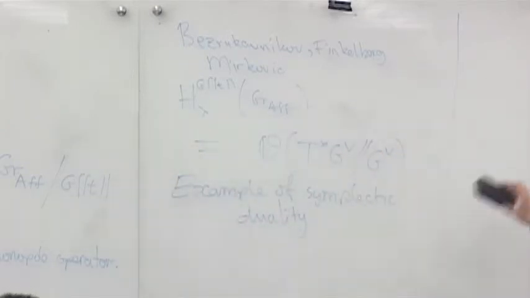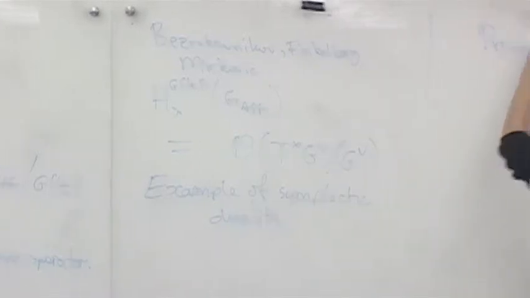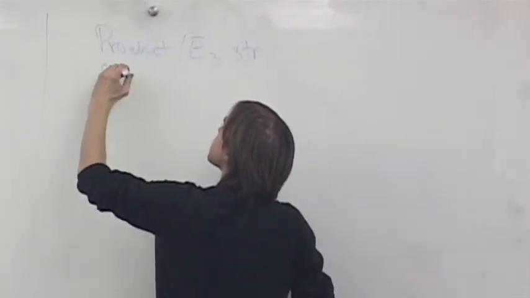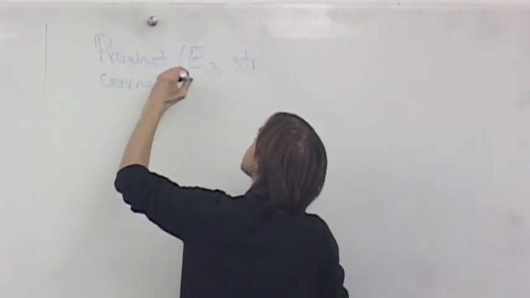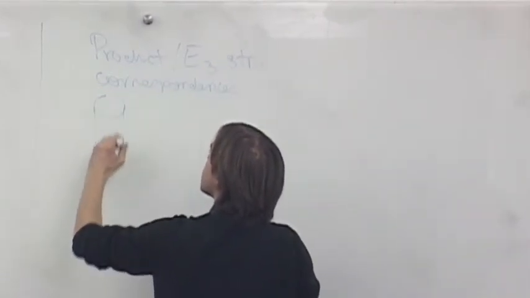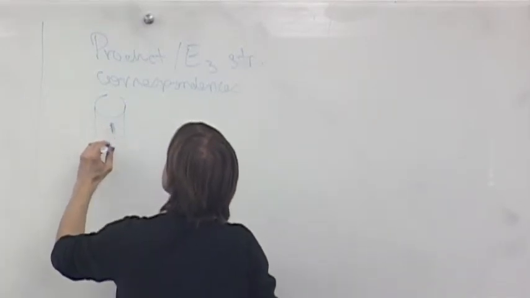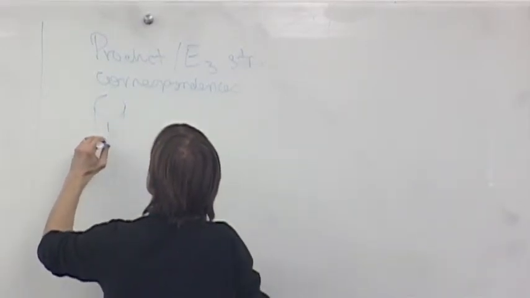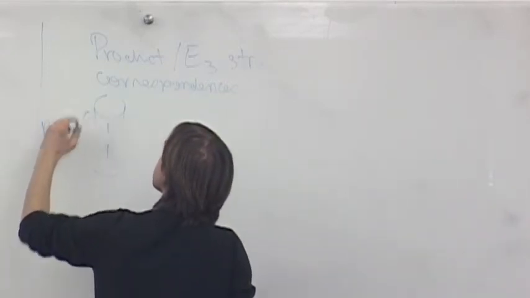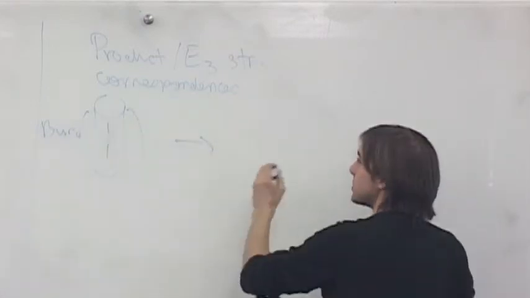So, of course, the product and the E3 structure come from correspondences, like, I can think of this as removing a disk. And these are the correspondences Bezrukavnikov considered too, of course.